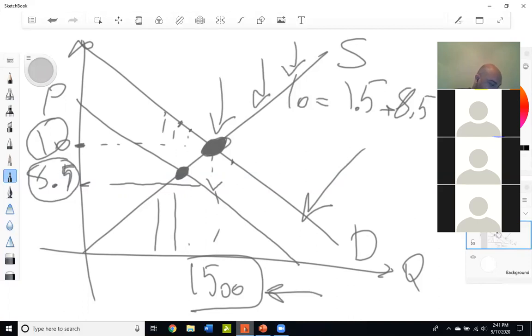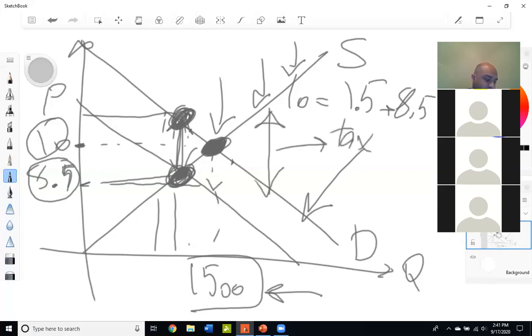In the end, at 450, I'm willing to pay more. This will be our new equilibrium. This is the price I'm paying on my demand curve. This is the price Pizza Hut is receiving from me, and the rest, the difference between these two numbers, is the tax. This goes to the government.